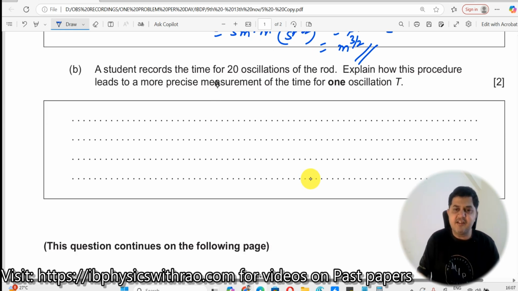Now let us move on to the next one. A student records the time for 20 oscillations of the rod. Explain how this procedure leads to a more precise measurement of time for one oscillation. How do you get a precise measurement?